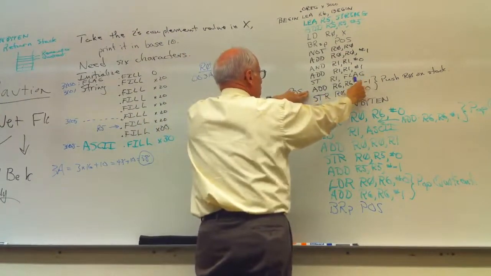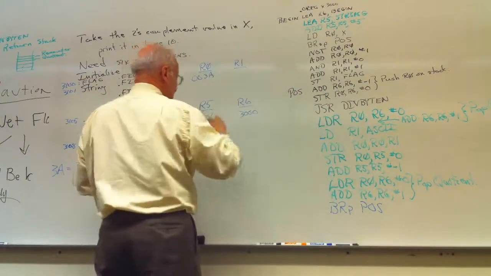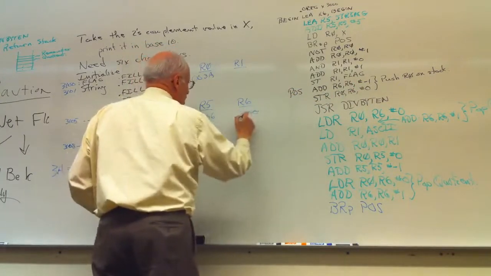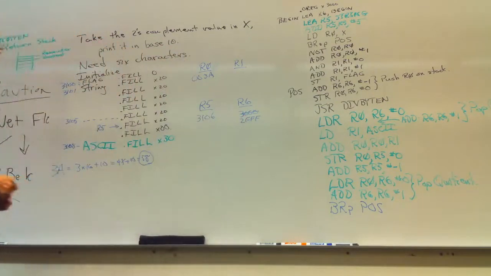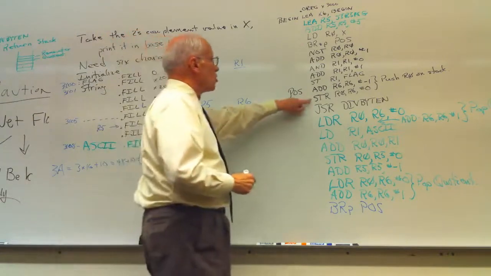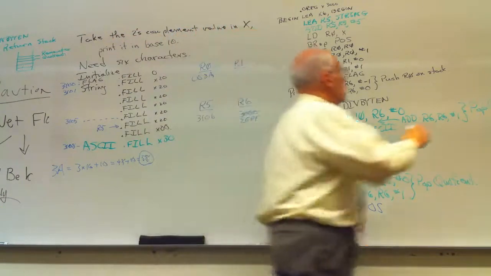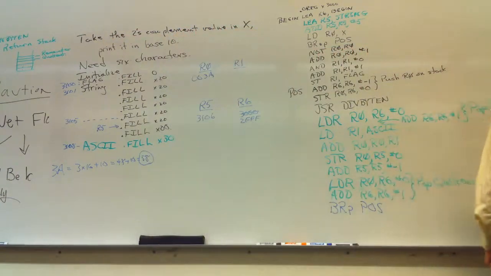Now, this says add a -1 to register 6. So that gets us down here to FFF. And then it stores in that location. Here's my stack. Let's just note here that this is 3000. This is where our load effective address instruction is, R6 begin.